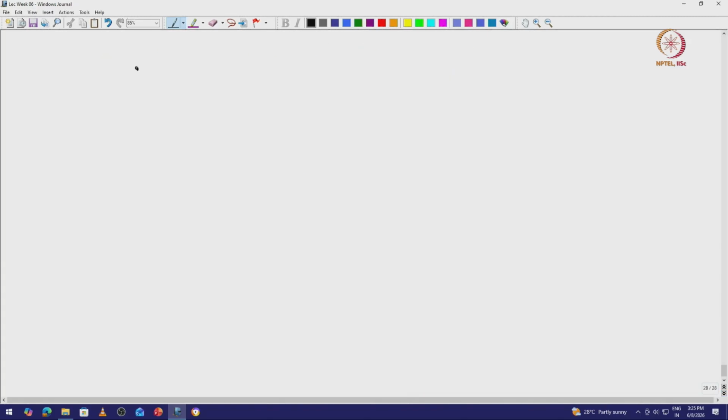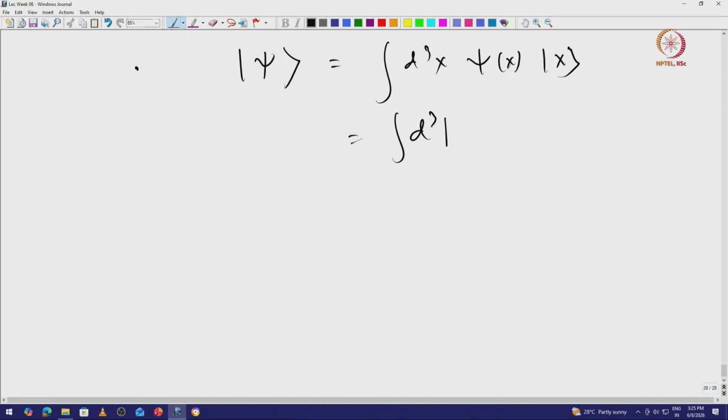Now, how will the state change? So, we can write it the same way in the position space or in the momentum space. Okay.